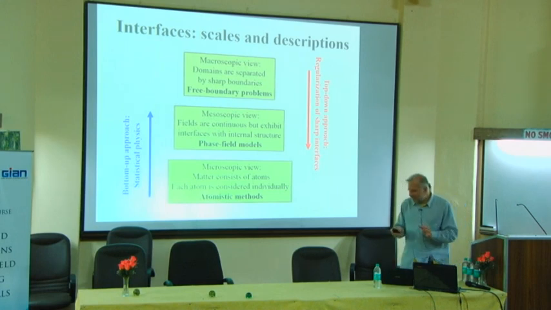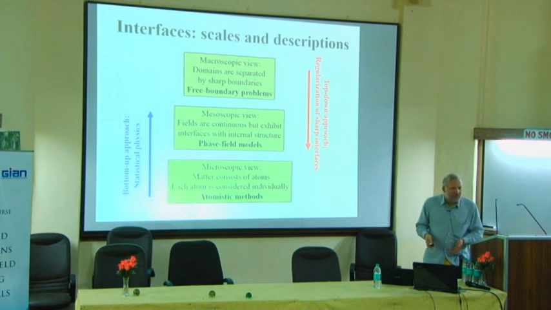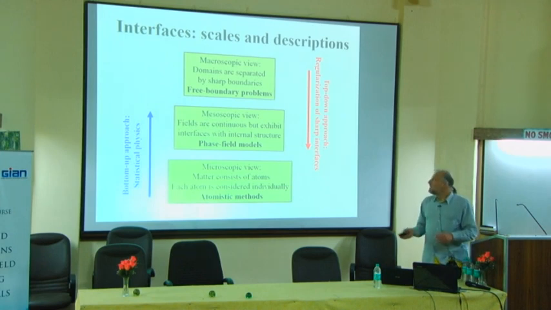And so the idea that came up about 30 years ago is, well, we should use this kind of model in order to understand free boundary problems. And in that sense, phase field models can be seen as a computational tool. And in that sense, why do I call this a top-down approach? You start from this macroscopic view. You say, okay, I want to solve a problem.